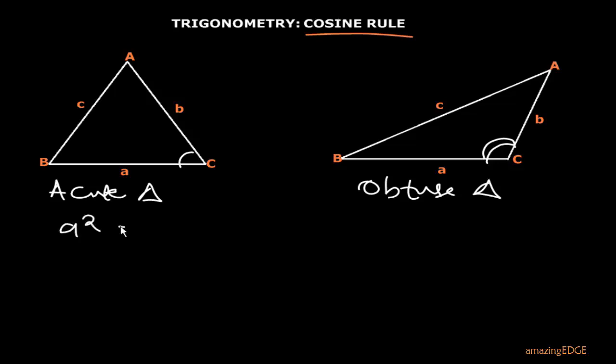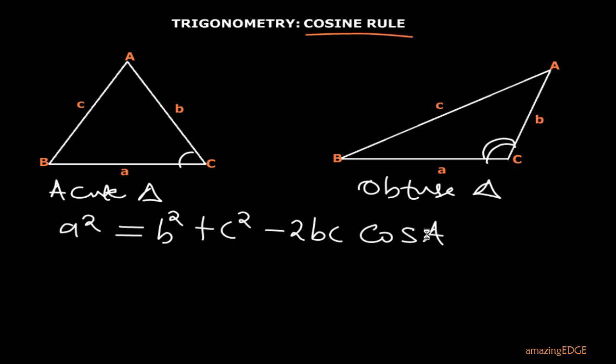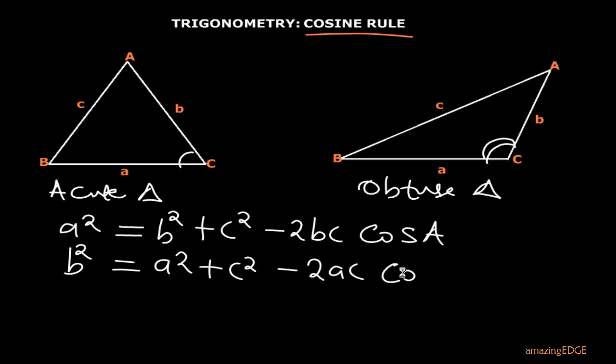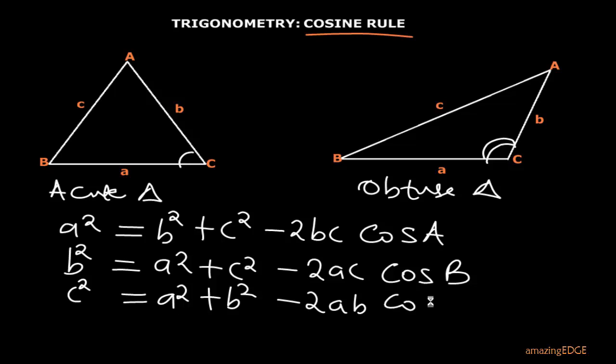that a squared is equal to b squared plus c squared minus 2bc cos A. You also have that b squared is equal to a squared plus c squared minus 2ac cos B. Then finally you have that c squared is equal to a squared plus b squared minus 2ab cos C. As you can see, angle A tallies with side a, so you combine the two in that order.